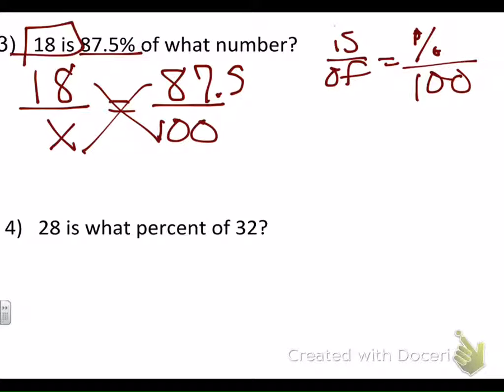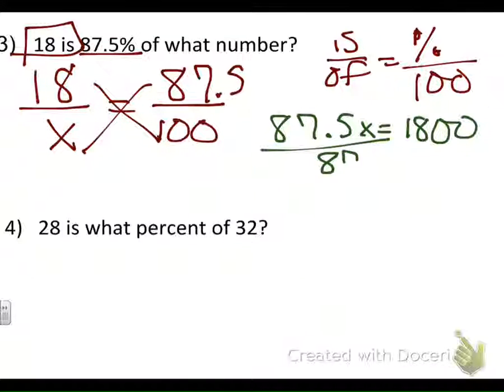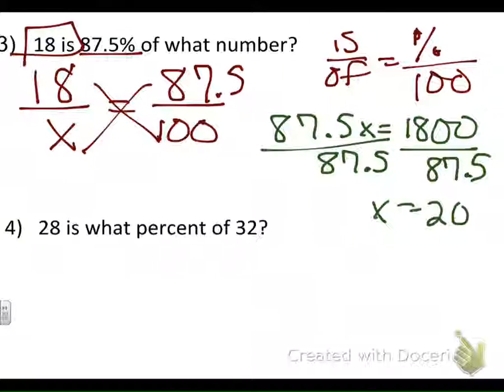So we're going to cross multiply. 87.5x equals 1800. Divide by 87.5. So x is equal to 20.6.